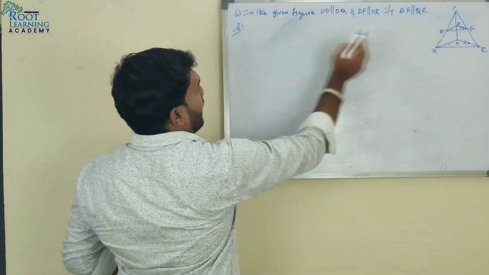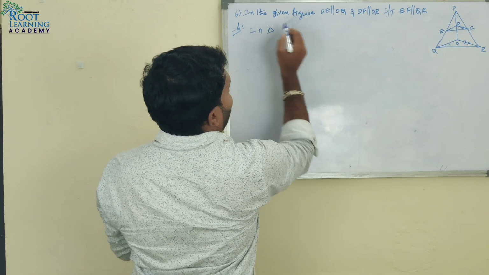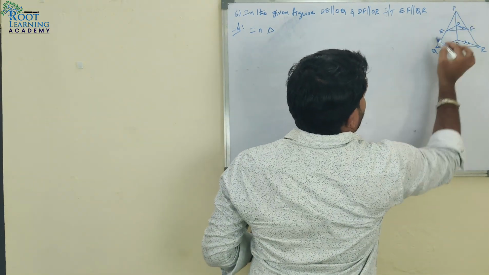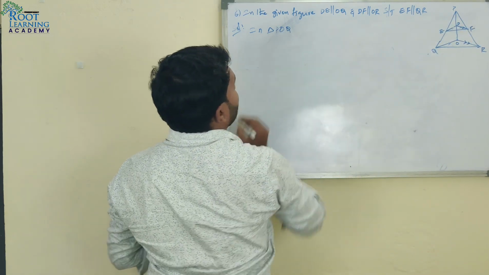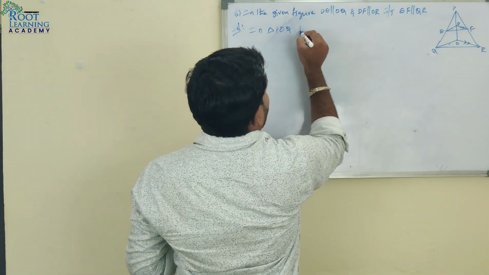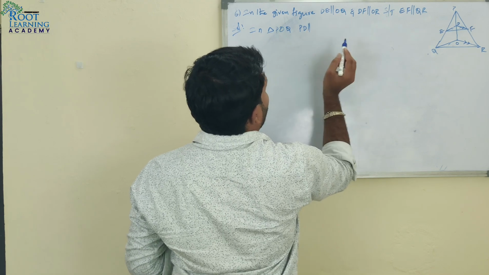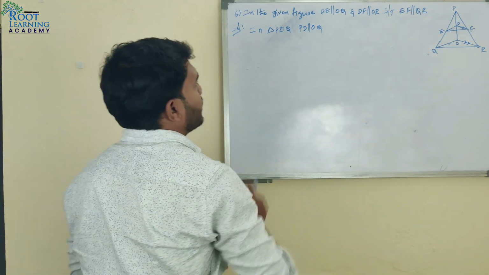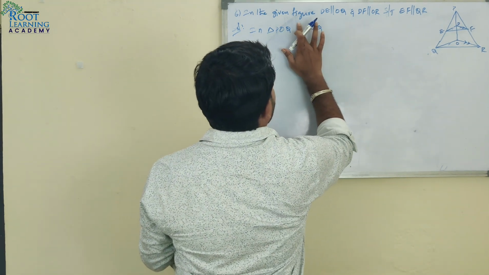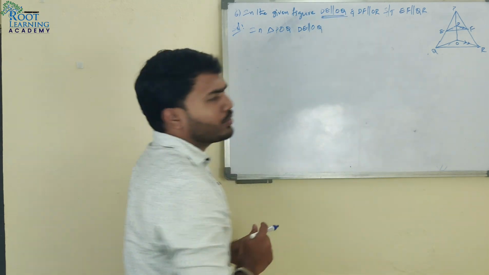So I am taking here triangle PQO or POQ. I am taking POQ. What else he mentioned? DE is parallel to OQ.